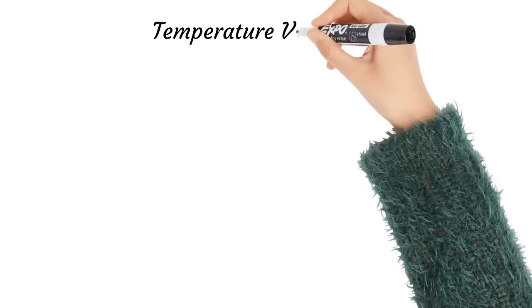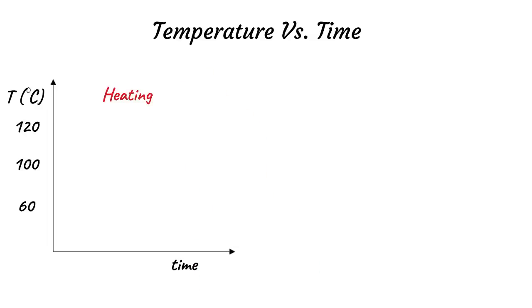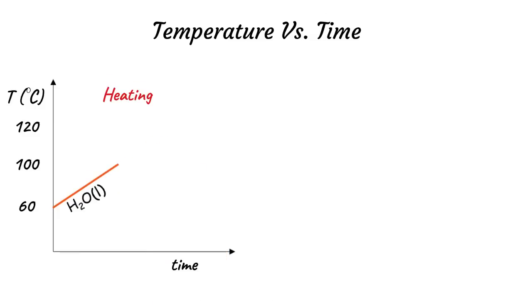In our following example, let's consider how the temperature changes when we heat a water sample from 60 degrees Celsius to 120 degrees Celsius at 1 atmosphere pressure. Assuming that we heat the sample at a constant rate, if we draw the temperature versus time graph, we can expect the temperature of the liquid water to increase with time from 60 to 100 degrees Celsius.